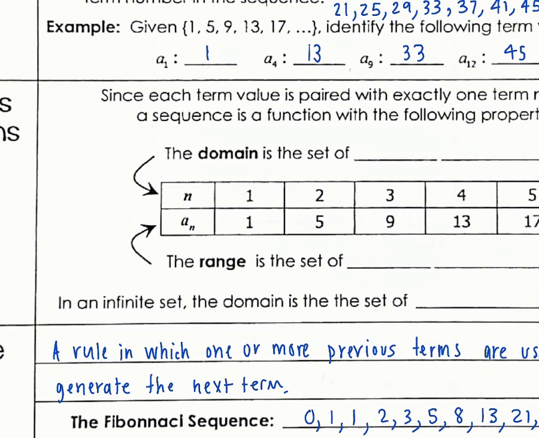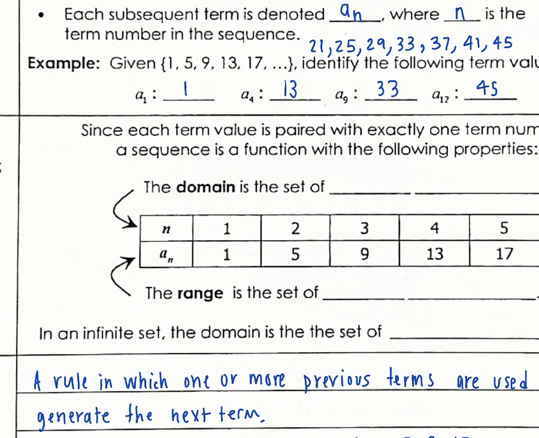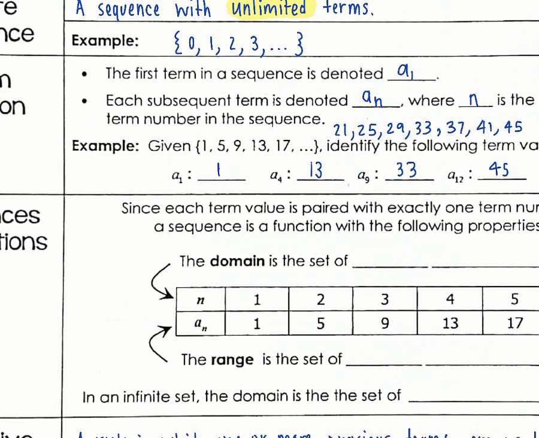You can also consider sequences as functions. I want to take you guys back to when we did functions. Functions always had two values. It had a value that we called the input and a value that we called the output. Now, in those functions that we dealt with, most of the time, the input was defined as x, wasn't it?